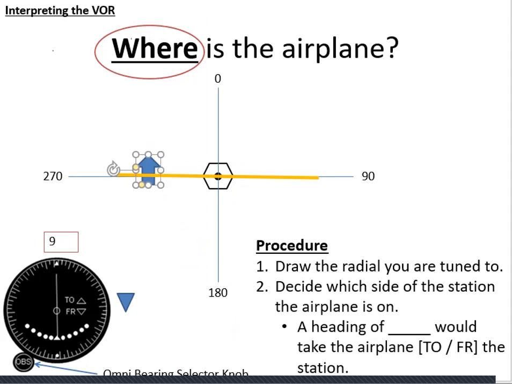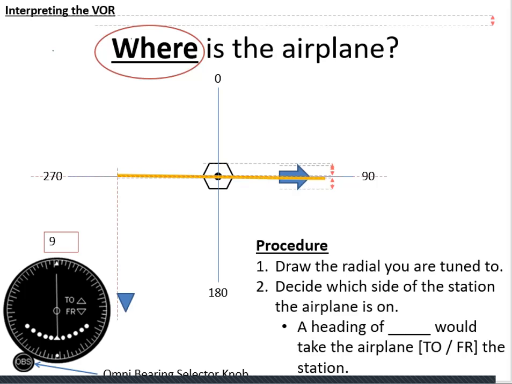So I'm not over here, right? This position over here, if I point the airplane at 90 degrees, it's going to take me toward the station. Lets me know I'm over here. I'm in a position where a heading of 90 degrees would take me away from that station.